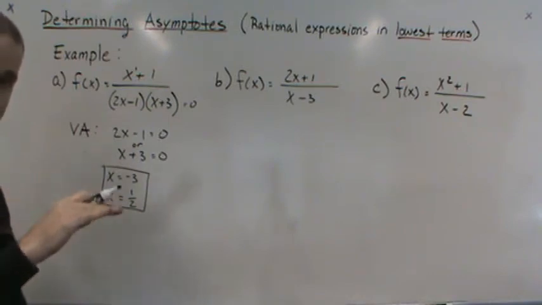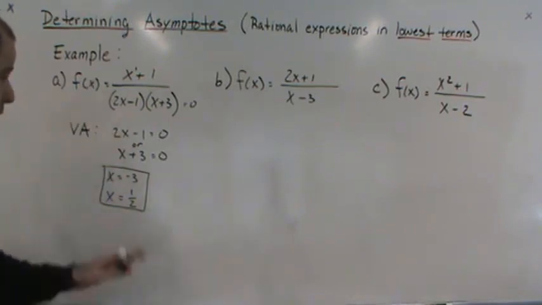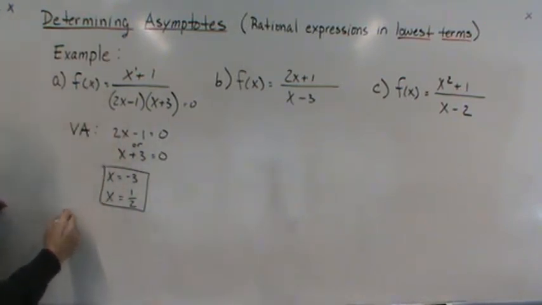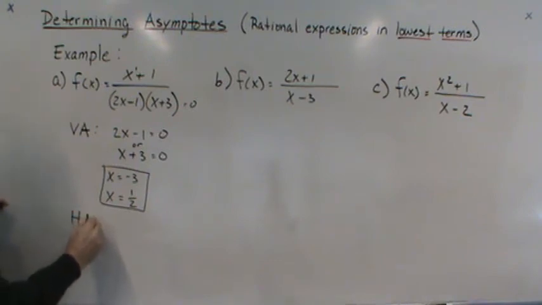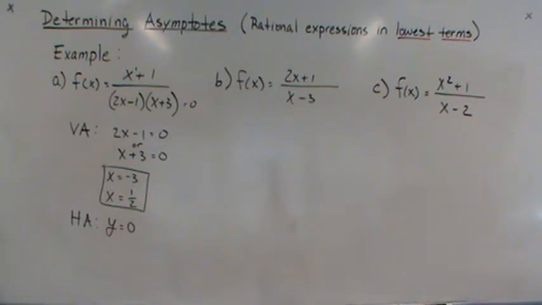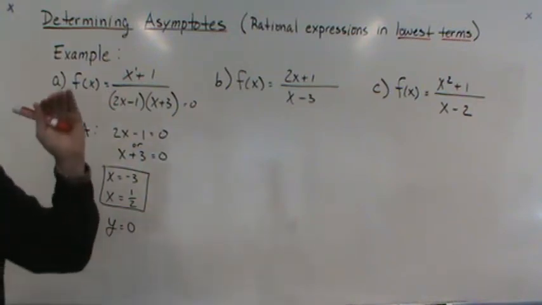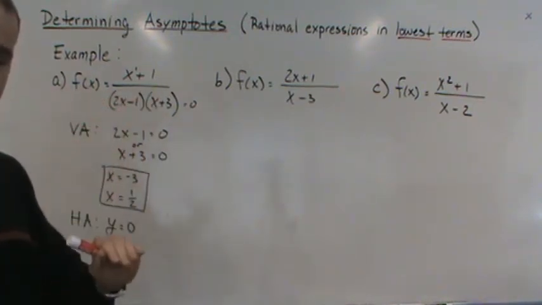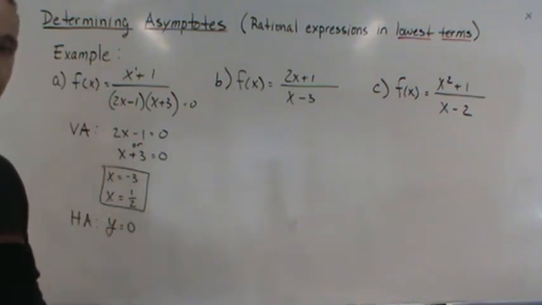Since the degree of the top is less than the degree of the bottom, we know we have a horizontal asymptote, and it has to be at y equals 0. Whenever the degree of the top is less than the degree of the bottom, we will have a horizontal asymptote at y equals 0.